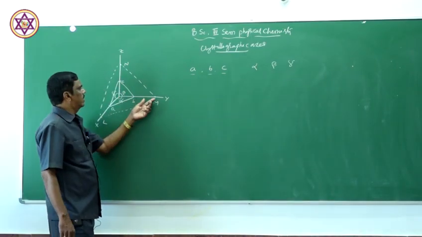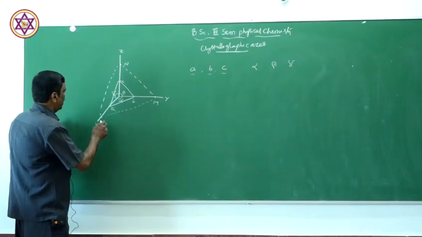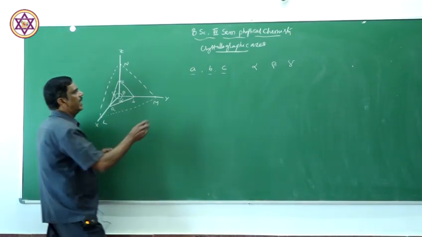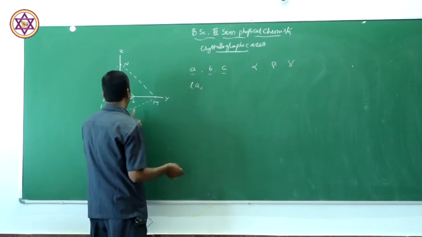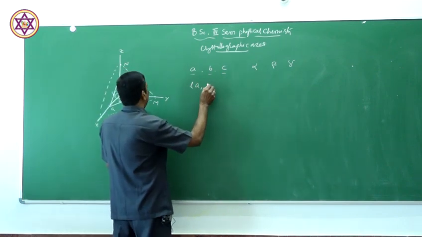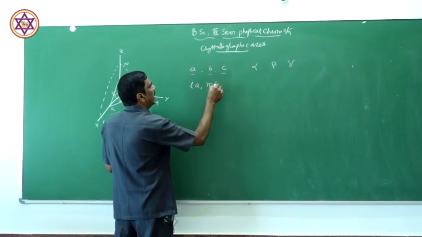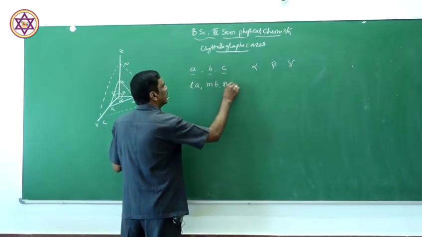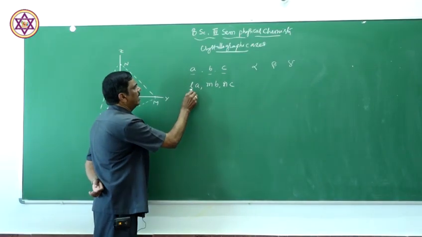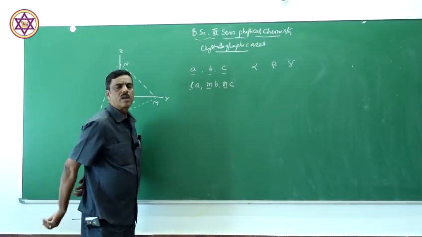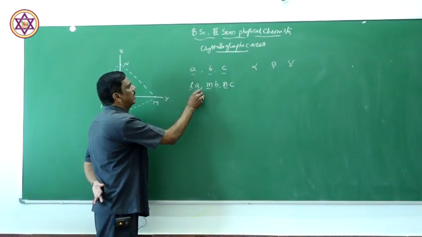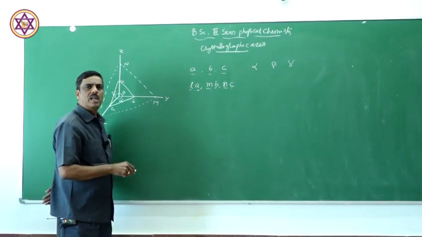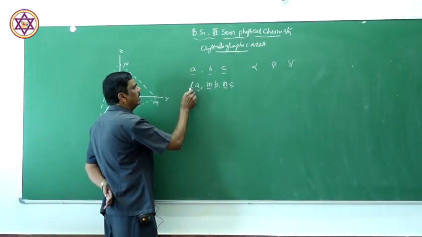Suppose you take the face LMN. This length from the origin is L times A, in the y direction M times B, and in the z direction it is N times C, where L, M, N are the coefficients of the unit edge lengths A, B, C. So, any face of the crystal can be identified by knowing these coefficients.